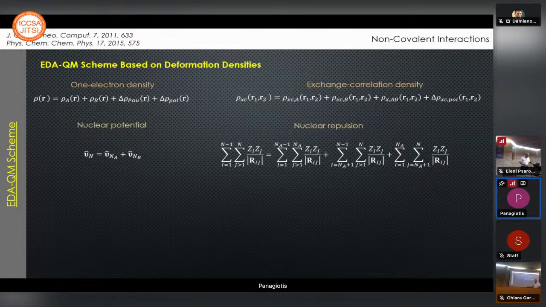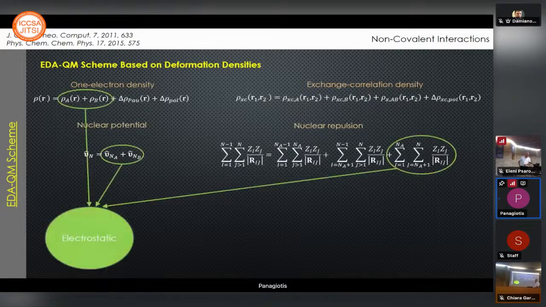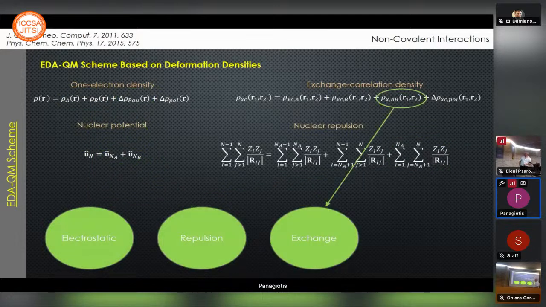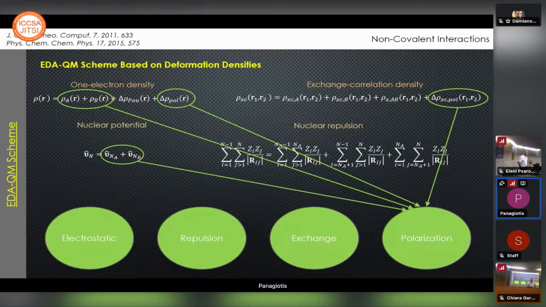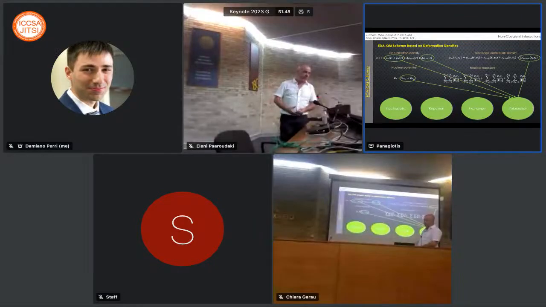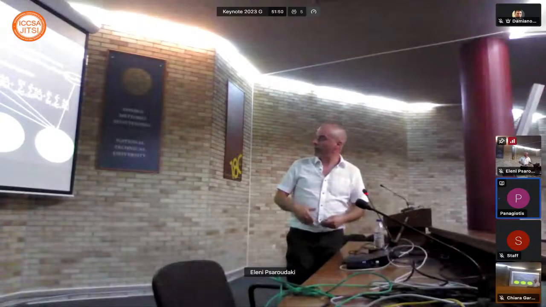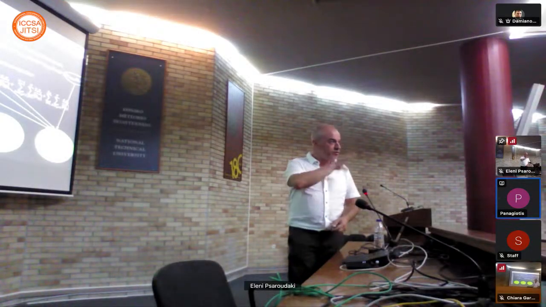It's a combination of both. So using this fragmentation, we obtain all the terms: electrostatic, repulsion, exchange, and polarization. And of course, I'm not going to get into the equations. The only thing I want to make clear is that this fragmentation of the electron density leads unequivocally to a fragmentation of the interaction, and to the terms we are interested in.